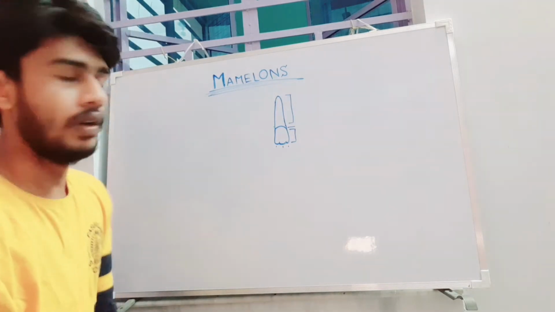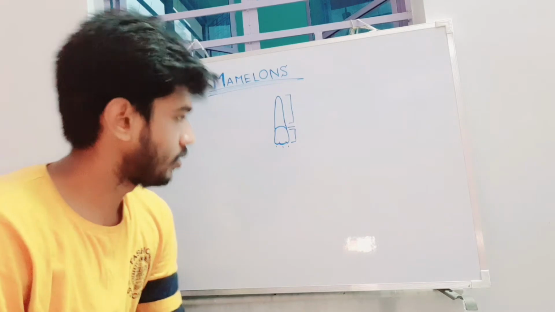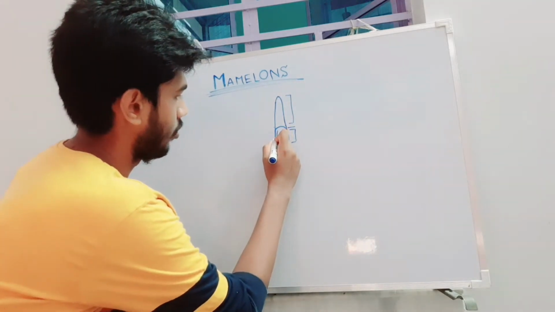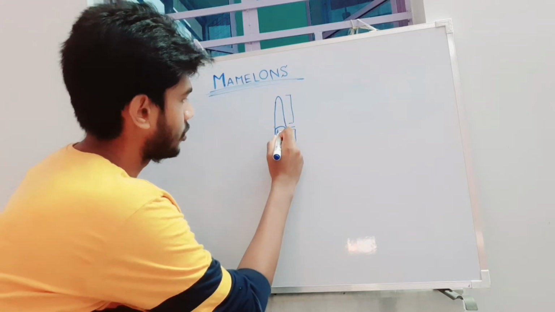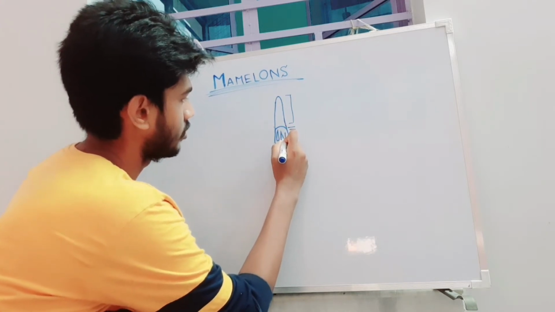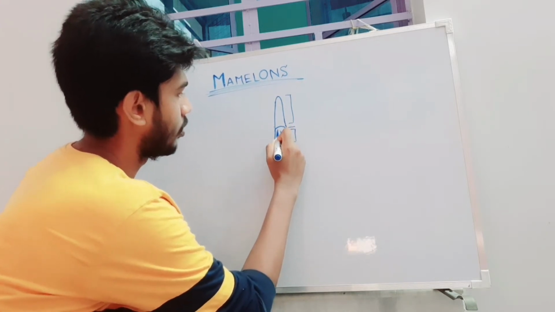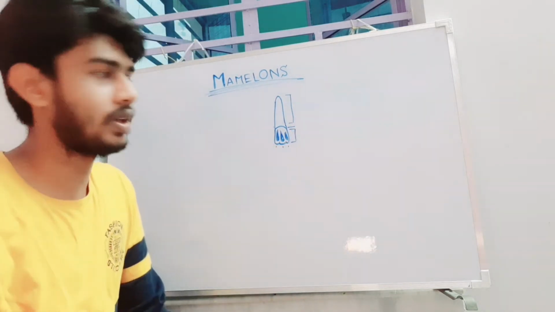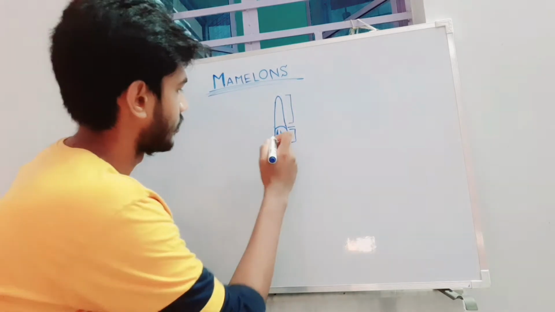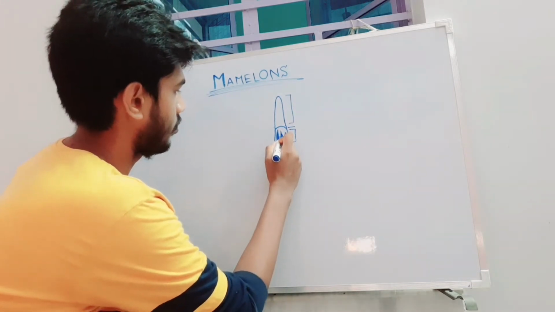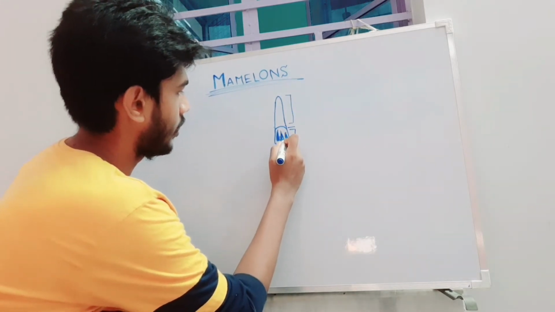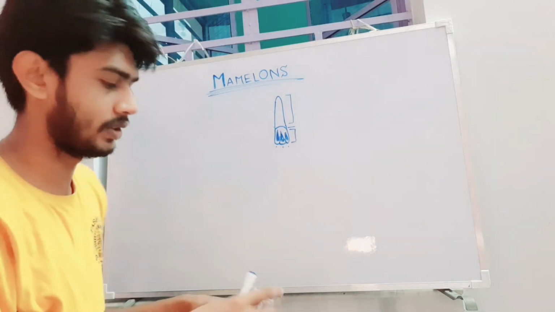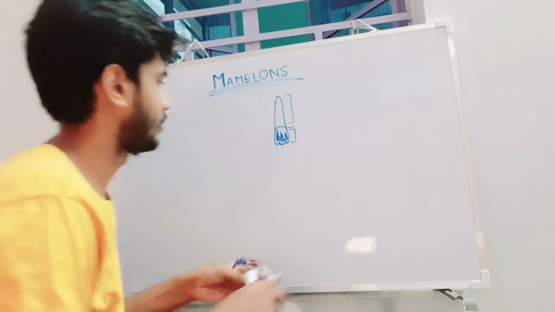These mamelons are made by lobes. There are three developmental lobes inside the central incisors. From these developmental lobes, the mamelons are created, and in between these developmental lobes or mamelons, the developmental grooves are also present inside the teeth.